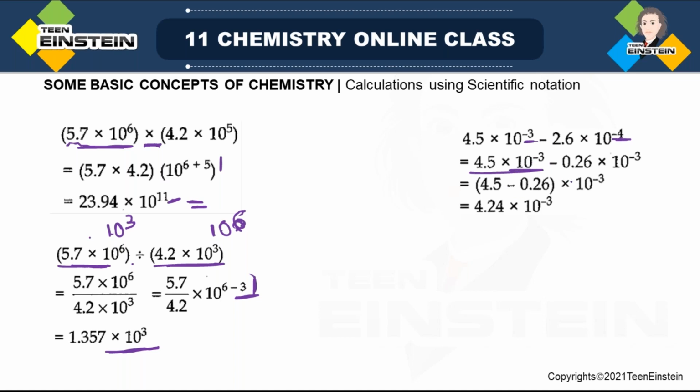The first one we have not changed, but the second one, as this decimal is now moved towards the left, as if you are multiplying 10 to the power minus 4 with another 10, so now it is 10 to the power minus 3, and you can take this 10 to the power minus 3 common, so it is outside, and for the rest of the part simply do that subtraction. This is the final answer.